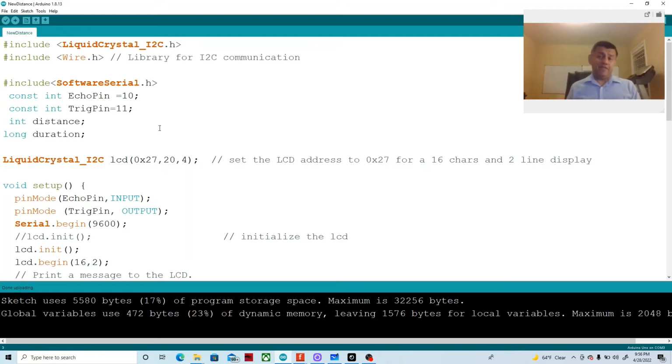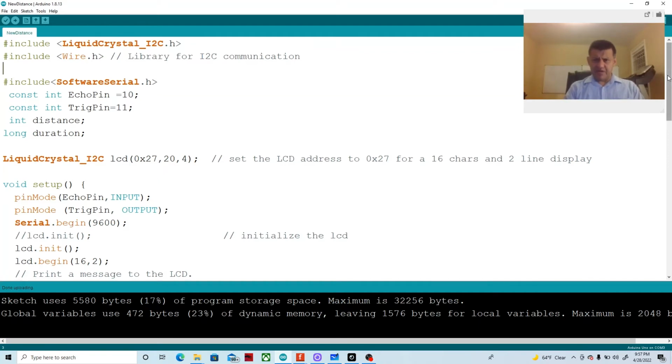It's able to read from 4 meters down to 3 centimeters, but in this case I am just doing 1 meter, so I am declaring that as an int. And then we have the long. We declare long because the duration is going to be probably a lot of microseconds, so we need a bigger number, a bigger data type.